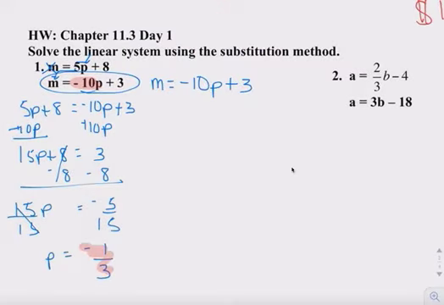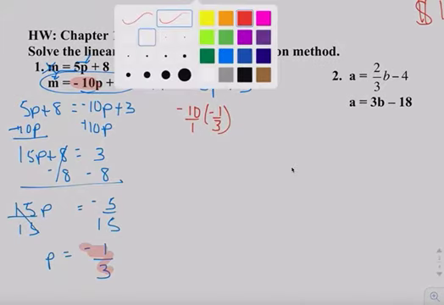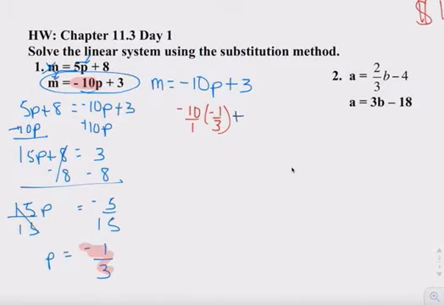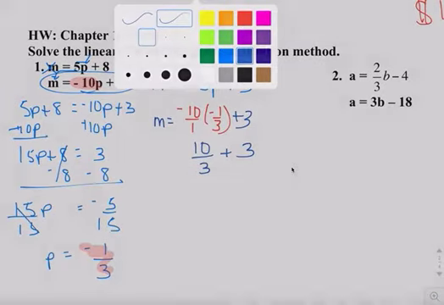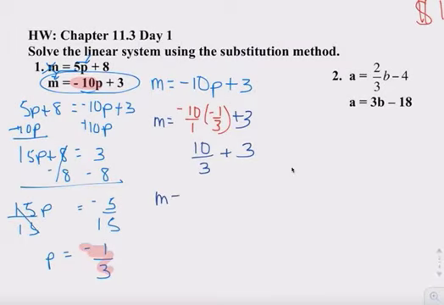Okay, so I'm going to put negative 10 over 1 times negative 1 over 3 plus the 3 that's there. So m equals positive 10 over 3 plus the 3. Then m equals 3 and 1 over 3, plus 3.